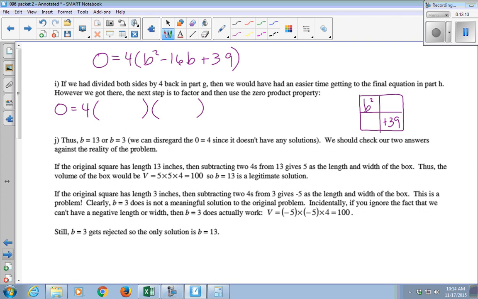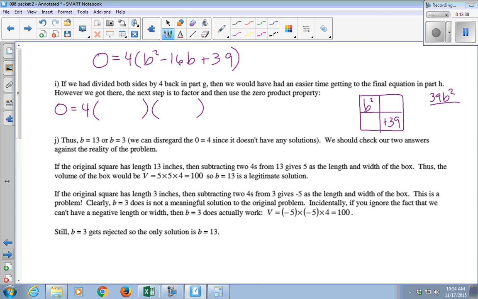B squared times 39 is 39b squared. All right, so I want to come up with factors, things I can multiply together to make 39b squared. They have to either both be positive or both be negative to make them multiply to a positive number. And they want them to add together to be a negative number, which means they have to both be negative.